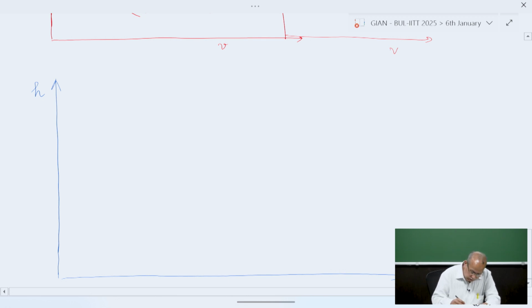Here are the lines of isobar. An isobar is a constant pressure line. So basically we are trying to draw the lines of different pressures.